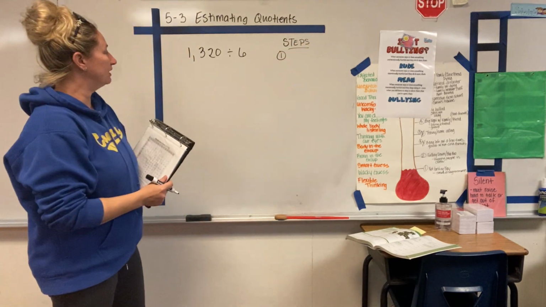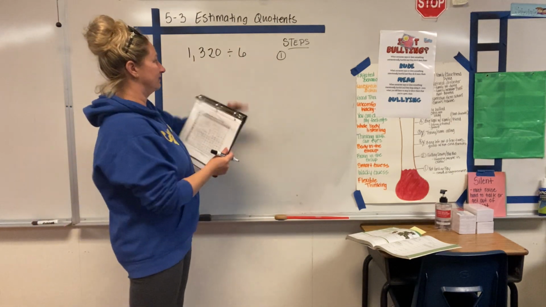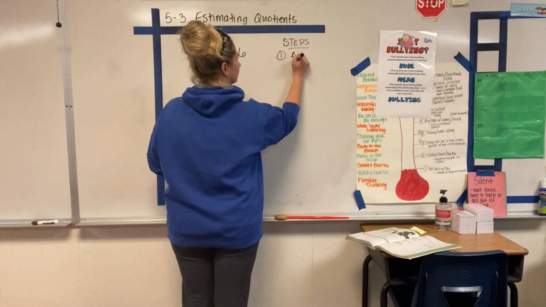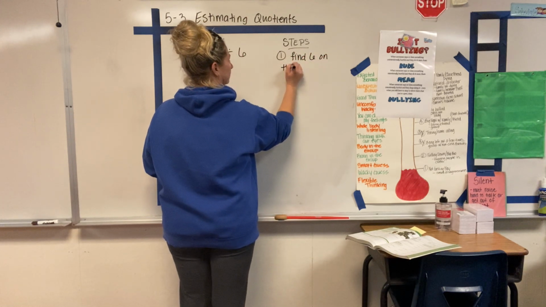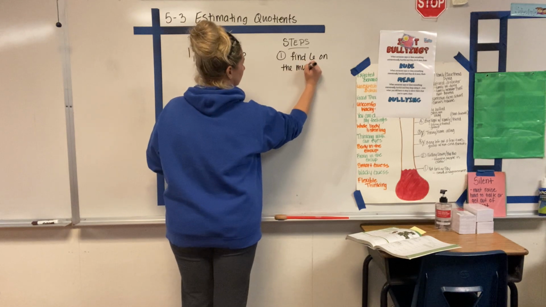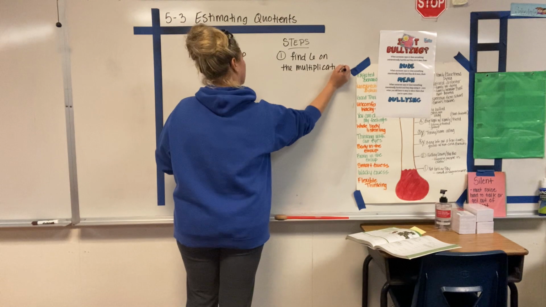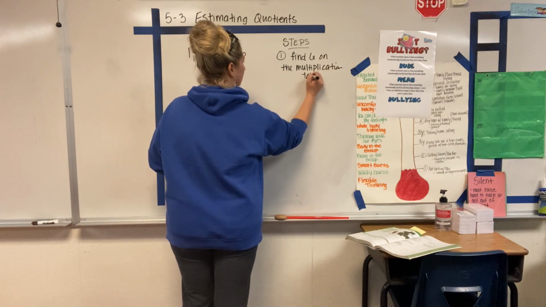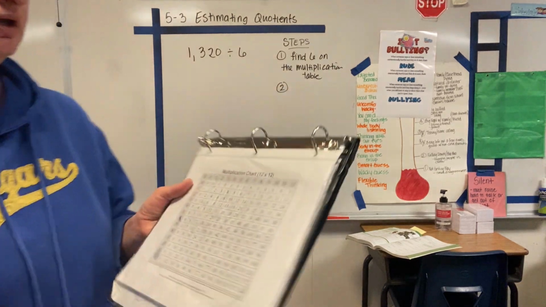Okay, so step 1 is to go to your multiplication table and find 6. So find 6 on the multiplication table. Okay, so we go to 6.